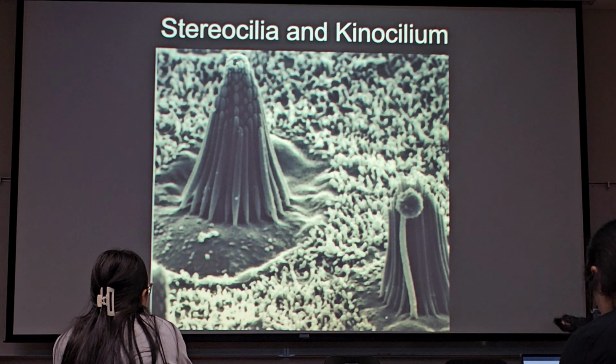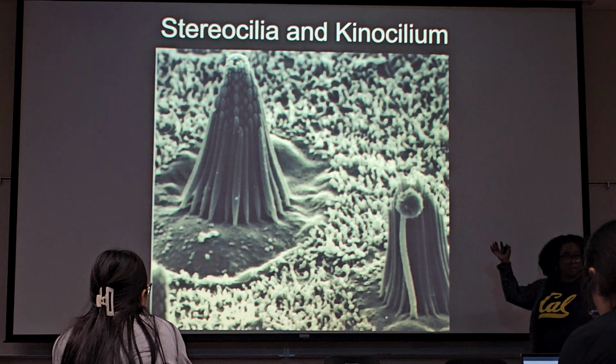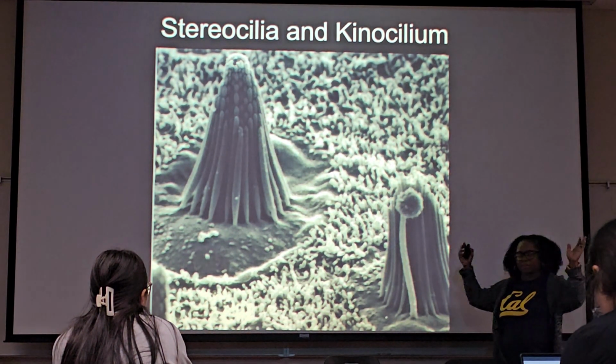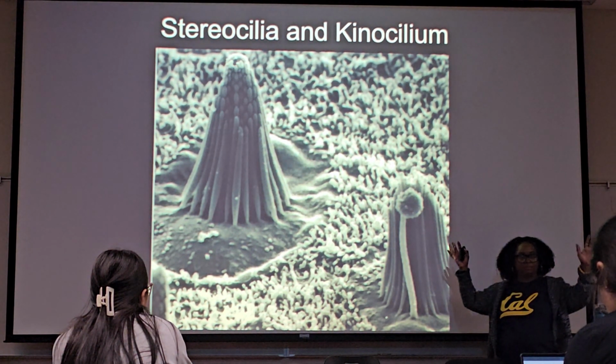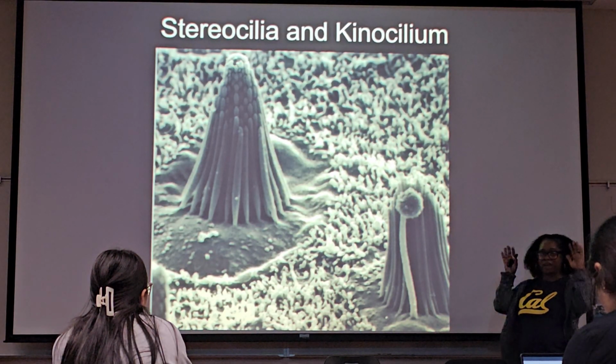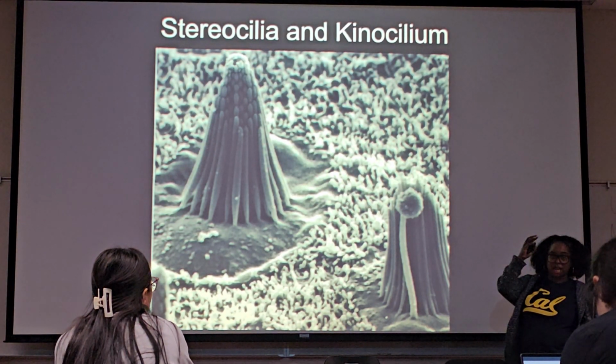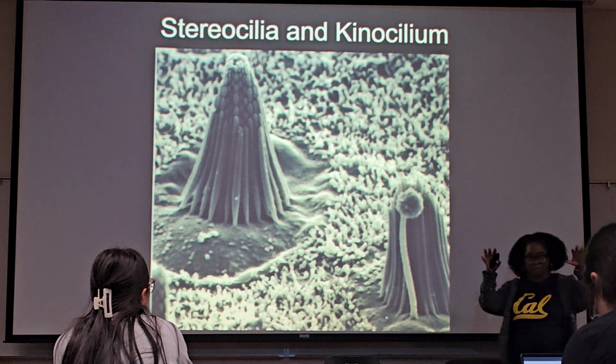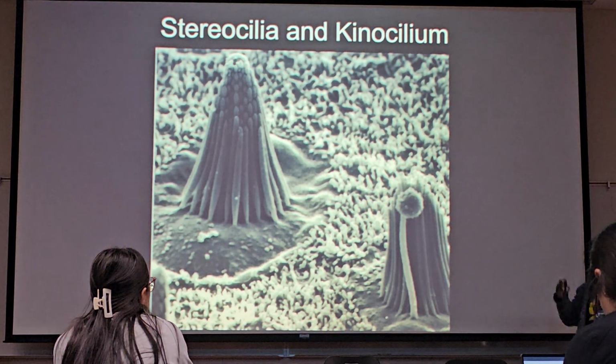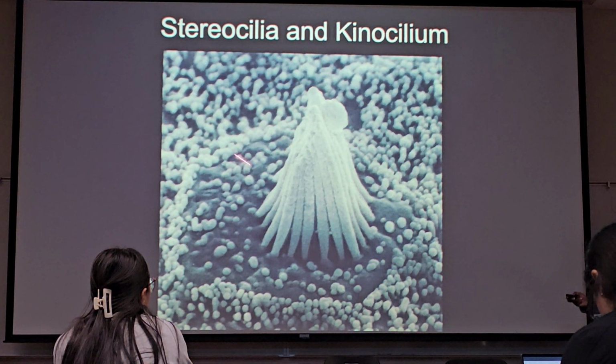And these aren't cilia that wave like other cilia we've learned about on our tissues. They're actually still. They get bent. Whenever that membrane slides, they get bent. And that triggers an electrical impulse.